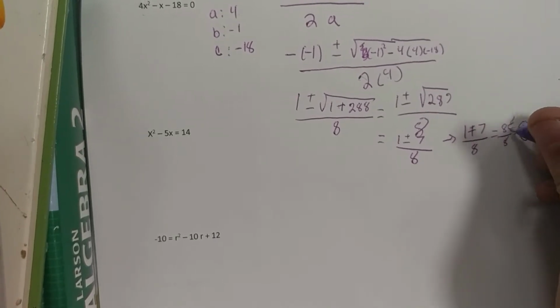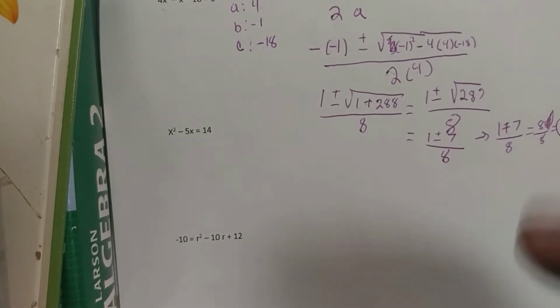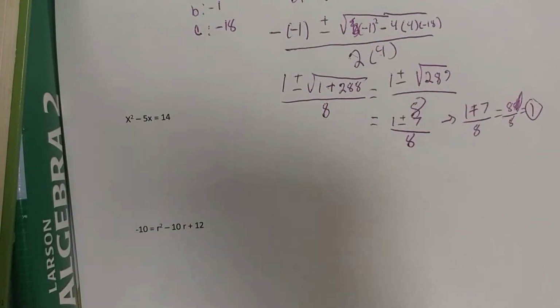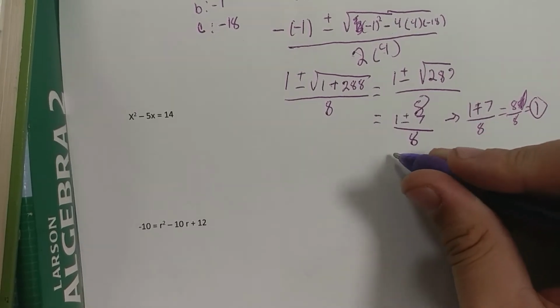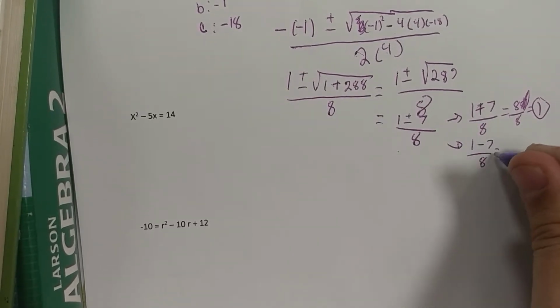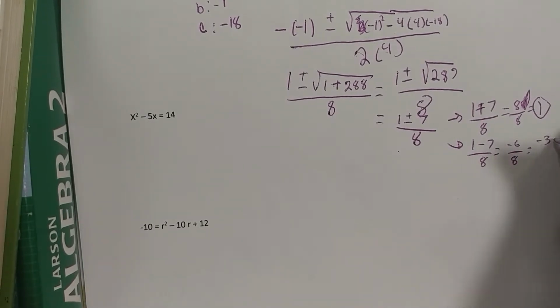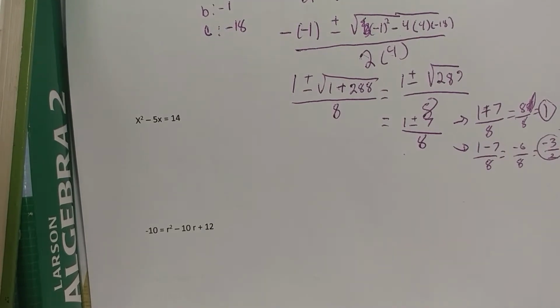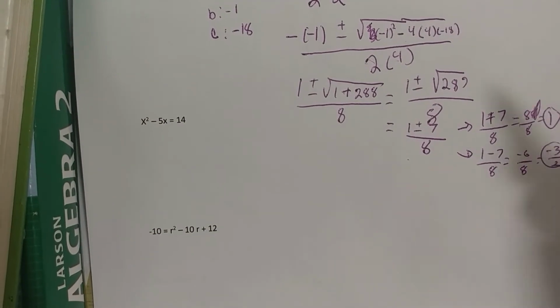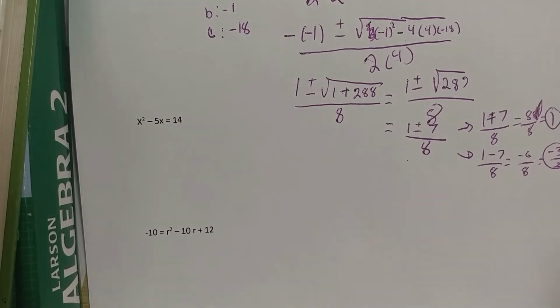That's a scribble, that's a mistake. And then over here, 1 minus 7 over 8, negative 6 over 8, which I can simplify to negative 3 over 2. So what's nice about these questions is that it's straightforward, but it takes a little while to solve.